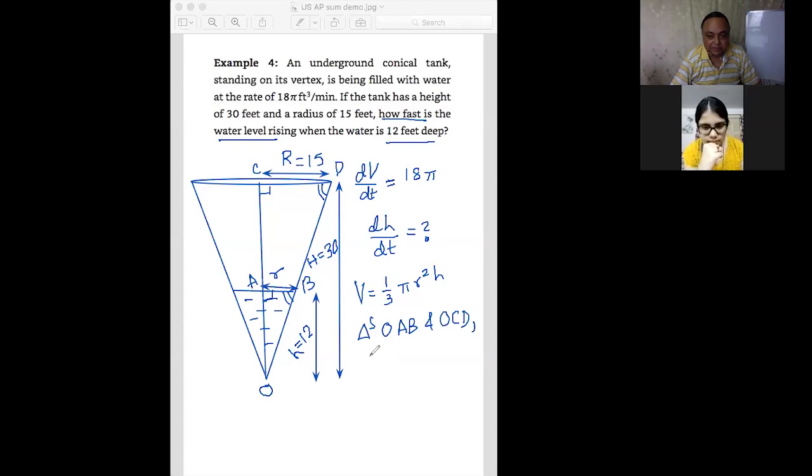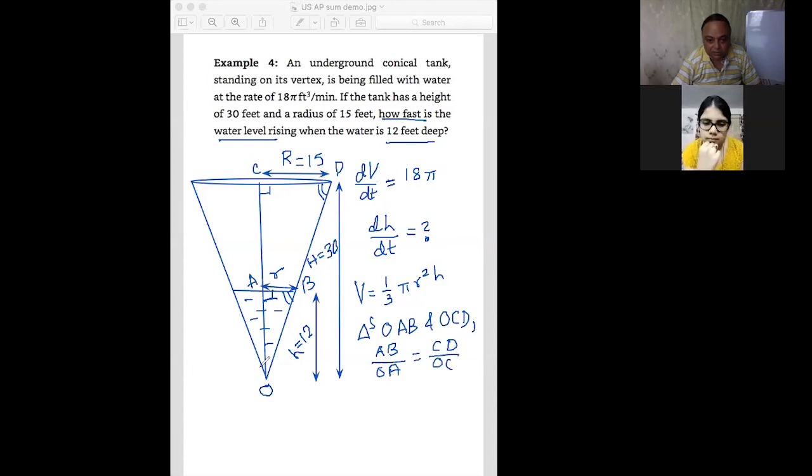So we can write R by H, or if I may write it for you, AB by OA for the small triangle will be equal to, for the larger triangle, CD by OC.